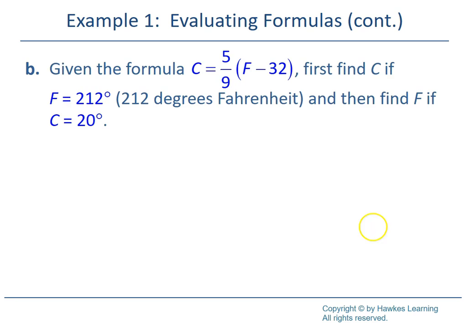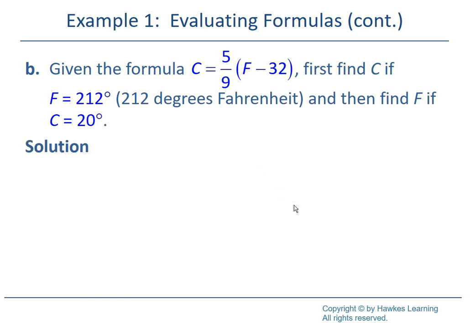Okay, and here's a case where they give you a formula for finding Celsius, and it's 5/9, and then Fahrenheit minus 32. So they're giving you the Fahrenheit, and find F if we have the Celsius of 20.